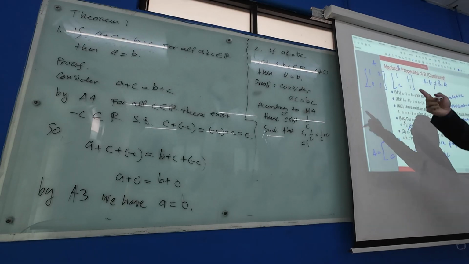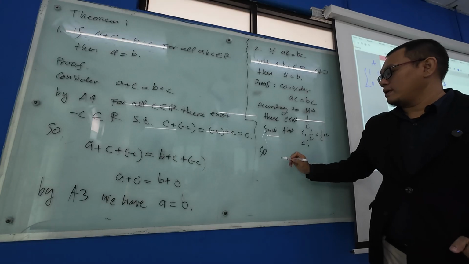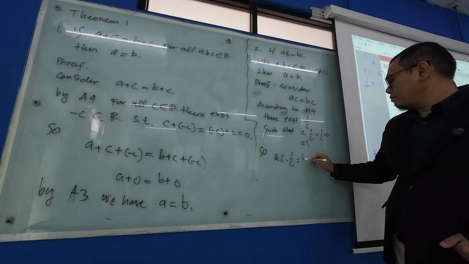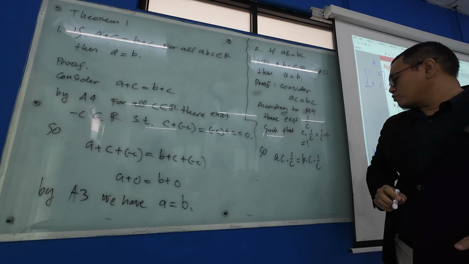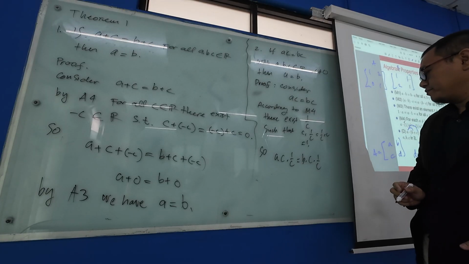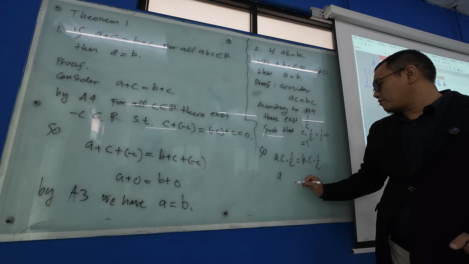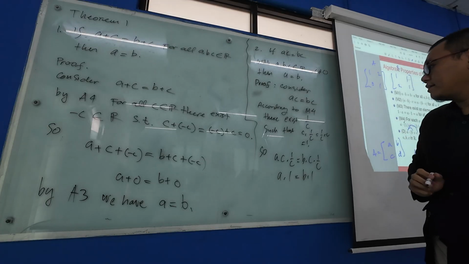Okay? Now apply there. So A times C times 1 over C equal B times C times 1 over C. So we get A times 1 equal B times 1.